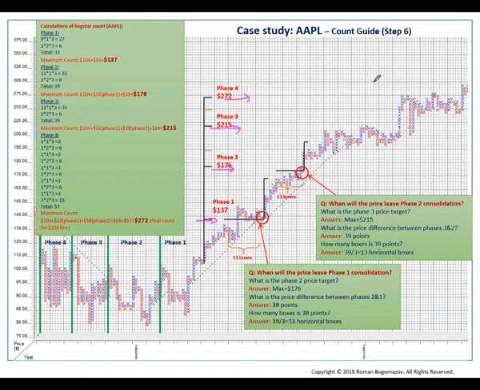The aspect of this where we can do timing is something that really was championed by our mentor, Hank Pruden. And Hank has been a big advocate of using stepping stone reaccumulation counts as timing tools. So what we do is when we are in a stepping stone and we have higher counts ahead of us, we'll actually mark on the chart out in space, out in empty columns, where the stepping stone will go, how many columns out.